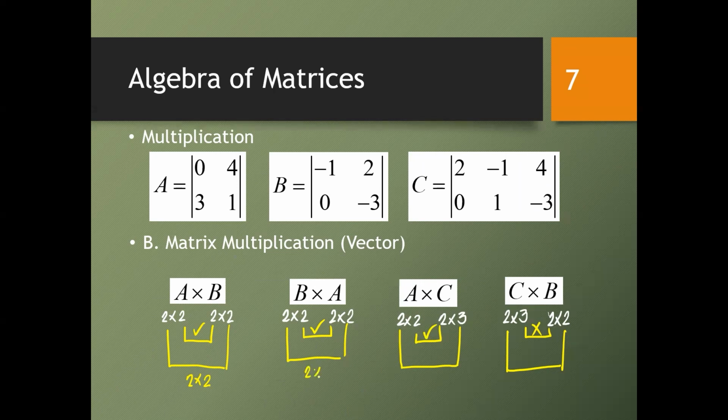Here, it's 2 by 2. In this case, the final answer has dimensions of 2 by 3. Whereas lastly, you cannot multiply this because the means are different. Okay, so please take note of the matrices. We'll be using them for our multiplication.